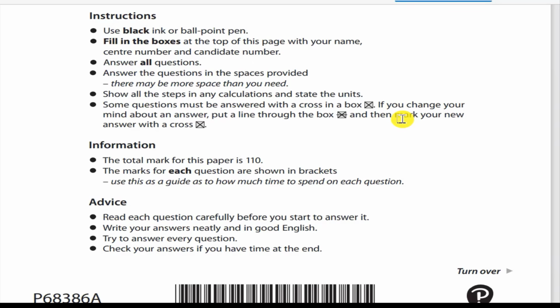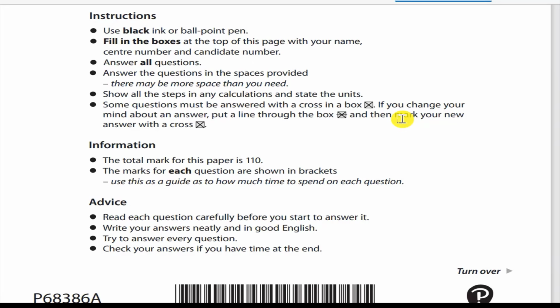Information: the total mark for this paper is 110. The marks for each question are shown in brackets. Use this as a guide as to how much time to spend on each question. Advice: read each question carefully before you start to answer it.